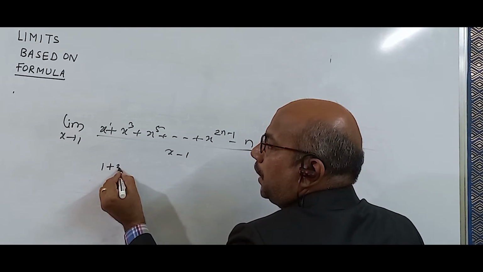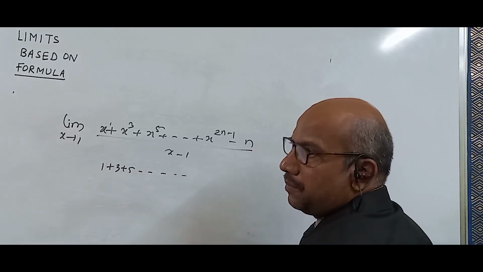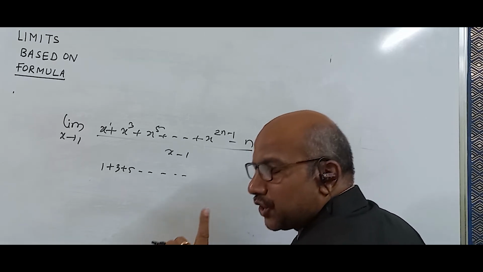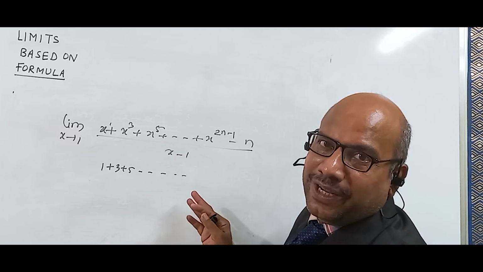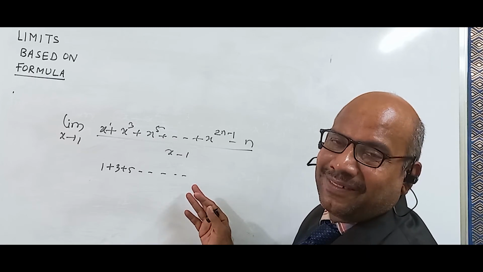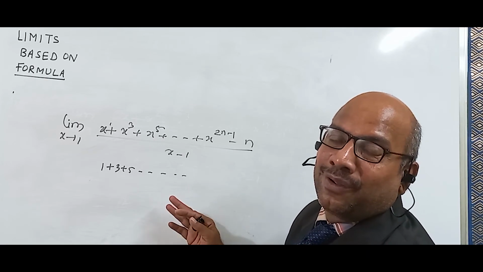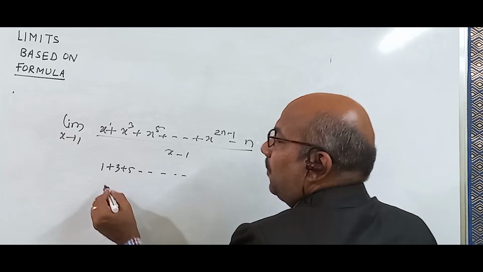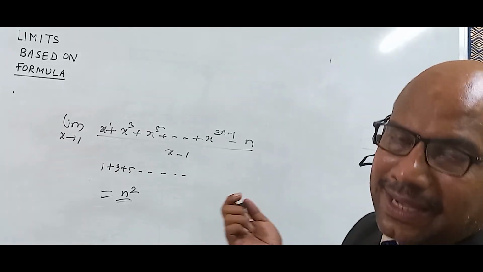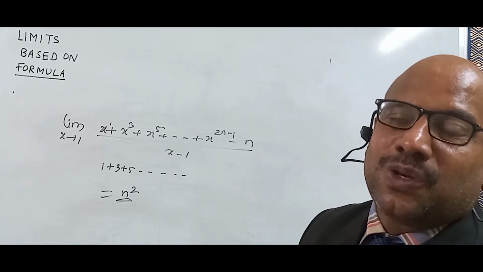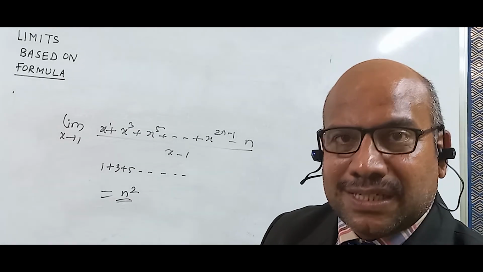So 1, 3, 5, dot dot dot, up to n terms. Now, the extraordinary part I have taught a number of times, all these things are going around on social media and WhatsApp: Vedic mathematics. Look, so answer is n square, because the sum of consecutive odd numbers, 1 to n terms, is always n square. So you will get the answer in one step.